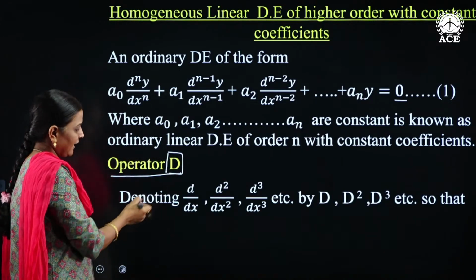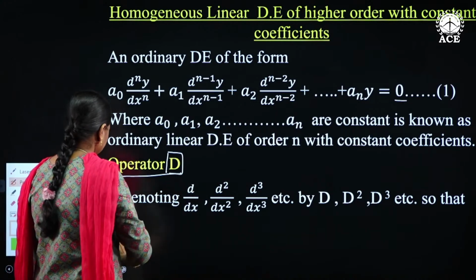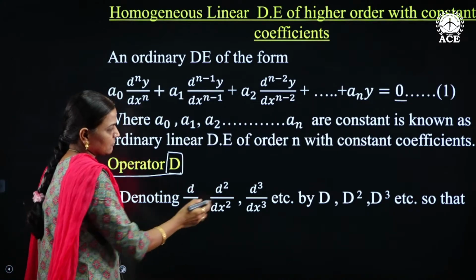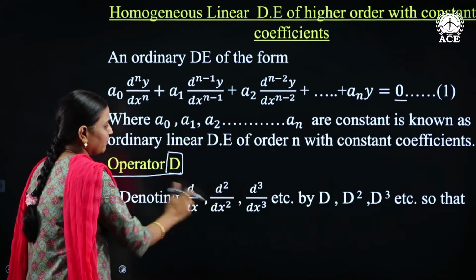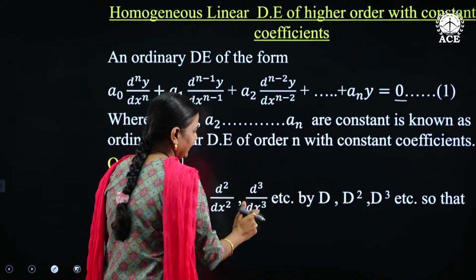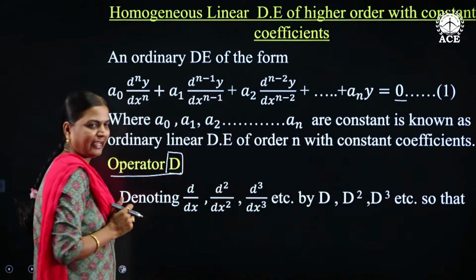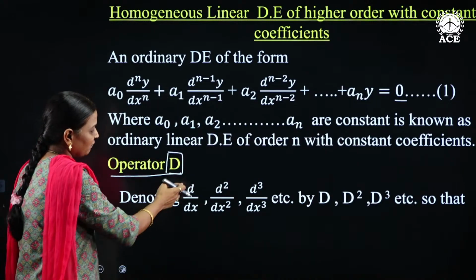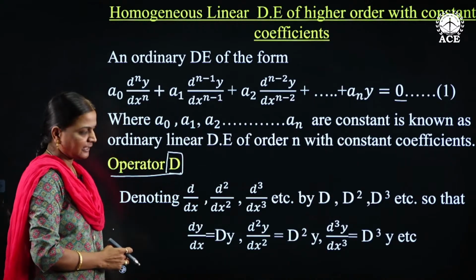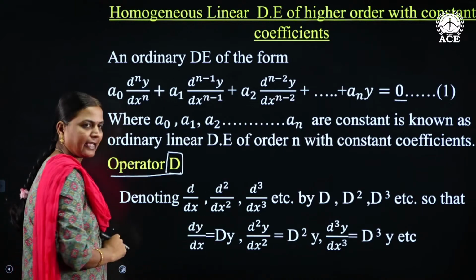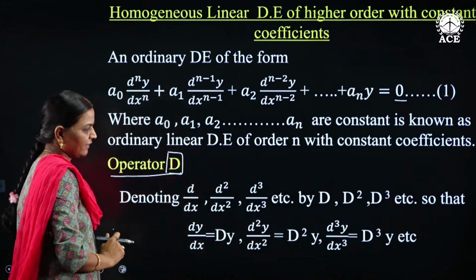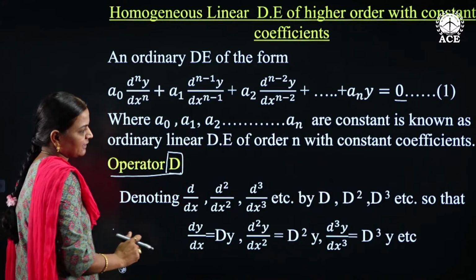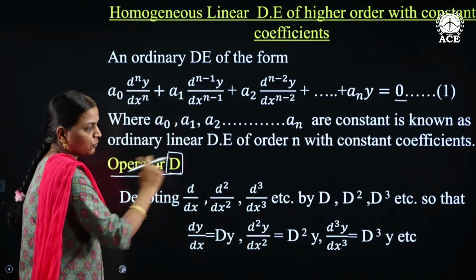We denote d by dx as capital D, d square by dx square as capital D square, d cube by dx cube as capital D cube, and so on. If d by dx is equal to capital D, then dy by dx is equal to capital Dy, d square y by dx square is equal to capital D square y, d cube y by dx cube is equal to capital D cube y, and so on.